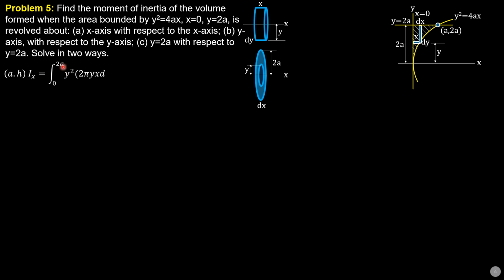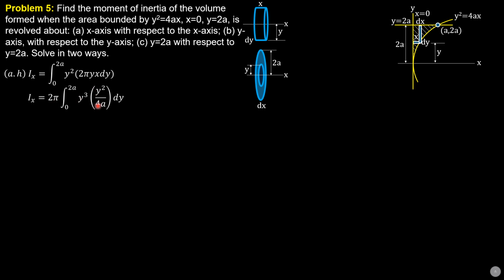The variable of integration is y, so we replace x in terms of y, and x is equal to y squared over 4a. So that would be 2 pi integral of y cubed times y squared over 4a dy, which simplifies to pi over 2a.